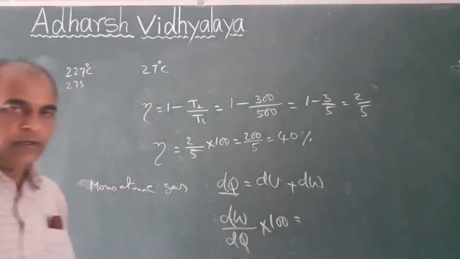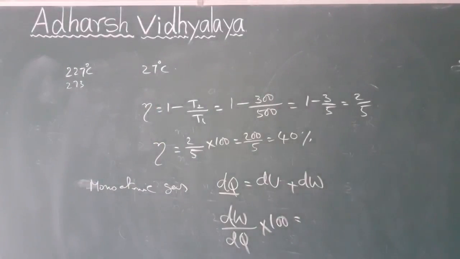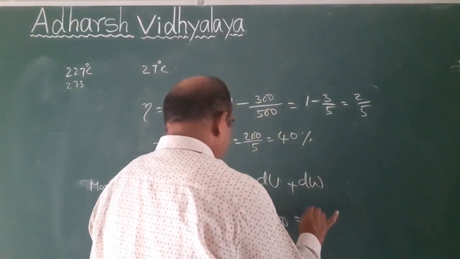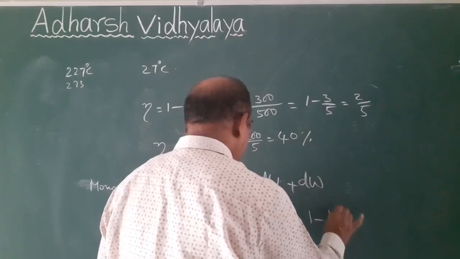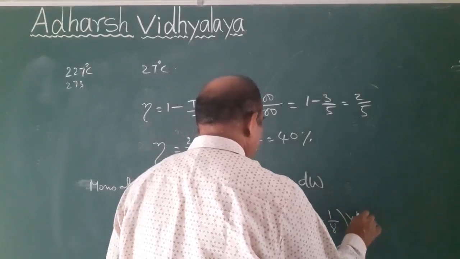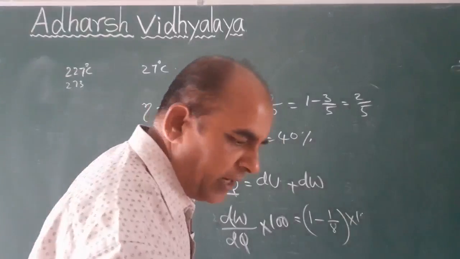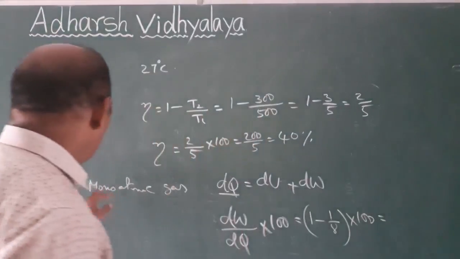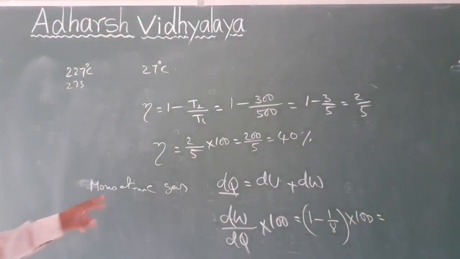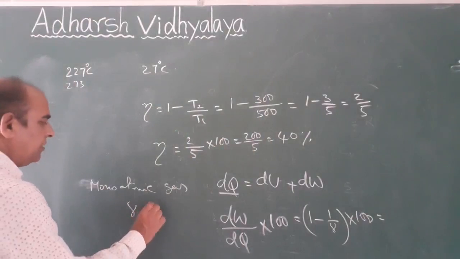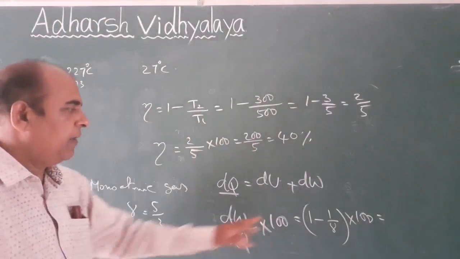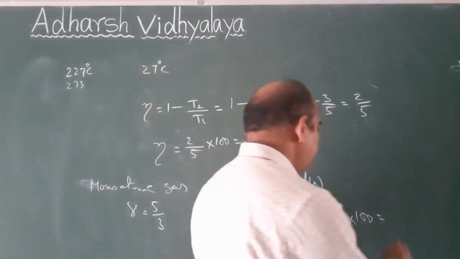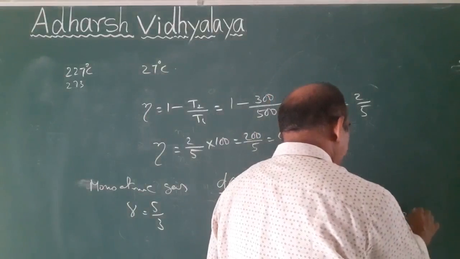That is the question. dW by dQ is 1 minus 1 by gamma, into 100. So for the monatomic gas, gamma value is 5 by 3. So 1 minus 1 by 5 by 3, that is 1 minus 3 by 5, which is 2 by 5.